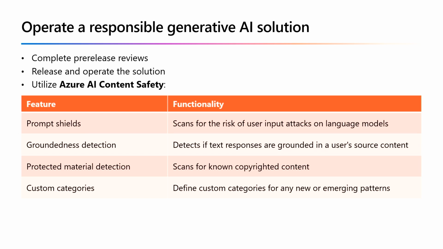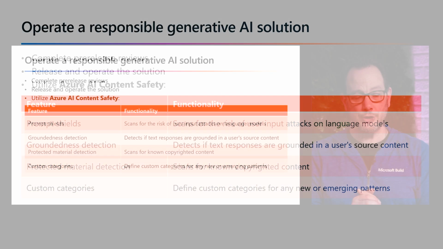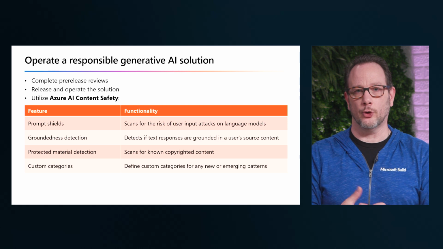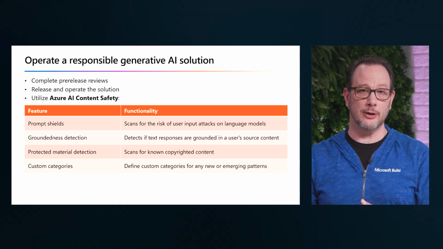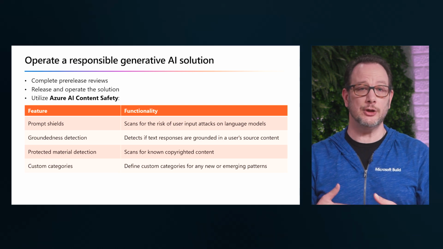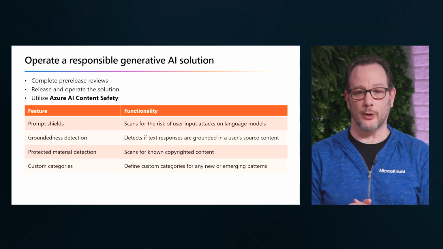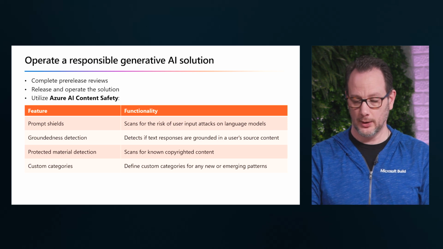And then last, we also have custom categories, which means that if you're not using prompt shields, if you're not using groundedness, or maybe you're not happy with combining all three of them, you can still define your own custom categories, where you're in control as the developer, the AI solution engineer. You're responsible for bringing in your own categories to avoid bias, to avoid specific keywords, and to make sure that your solution runs in a responsible way.